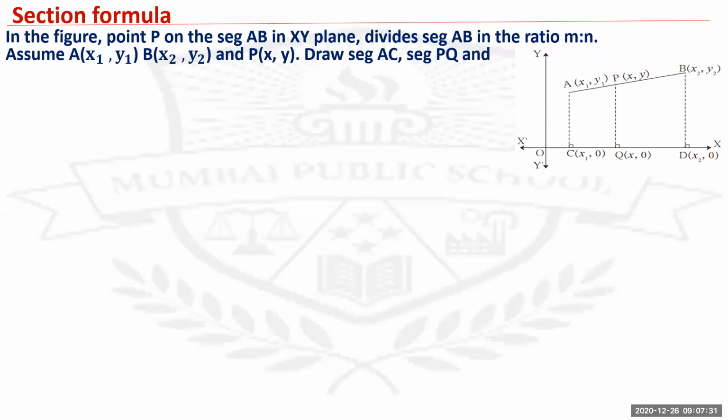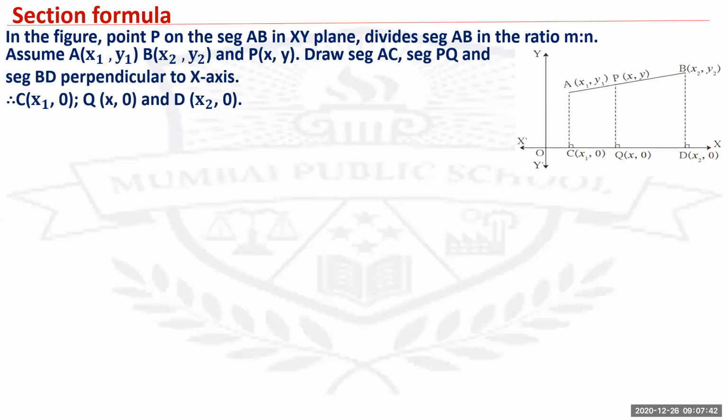Draw segment AC, segment PQ, and segment BD perpendicular to the x-axis. Therefore, you'll get coordinates of C as x1, 0, Q as x, 0, and D as x2, 0. Therefore, CQ equals x minus x1 and QD equals x2 minus x.